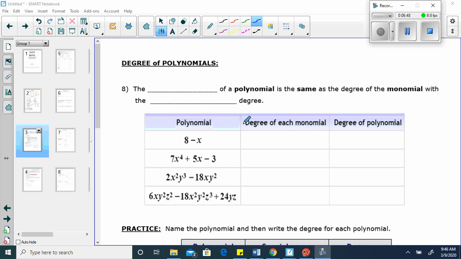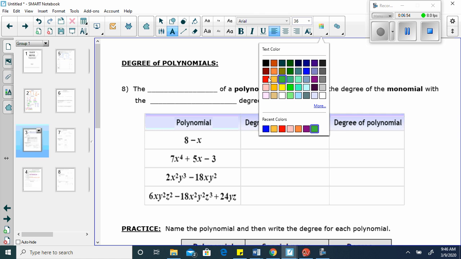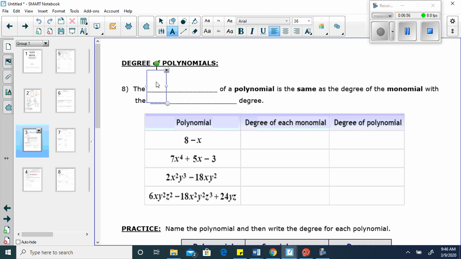The next page says the degree of a polynomial. Now we're talking about more than one term. We do the same thing, it's just a little bit different. The degree of a polynomial is the same as the degree of the monomial, but we pick the highest degree. We find the degree of each one and then pick the highest one.